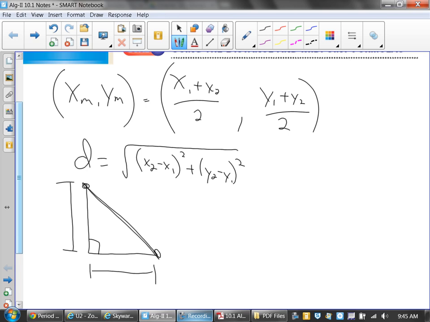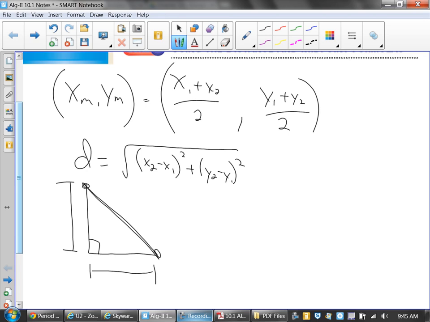Now, the only other thing I wanted to remind you of is that distance formula and midpoint, stuff you've all seen. But we're going to take these things and give them our own little twist, because that's what we do. We're going to talk about writing the equation of a perpendicular bisector. So what does a perpendicular bisector do?